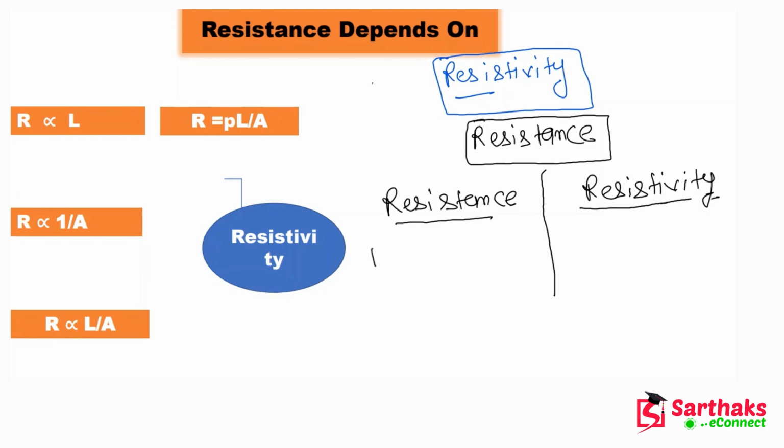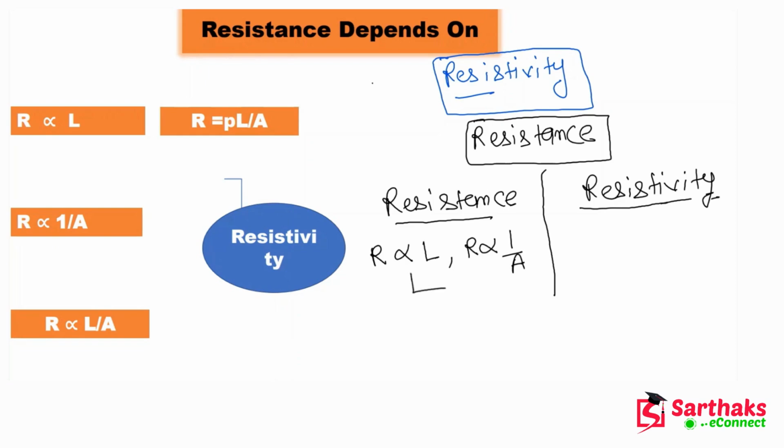So what is our resistance? Resistance basically opposes the current, and it is proportional to the length and inversely proportional to the area.